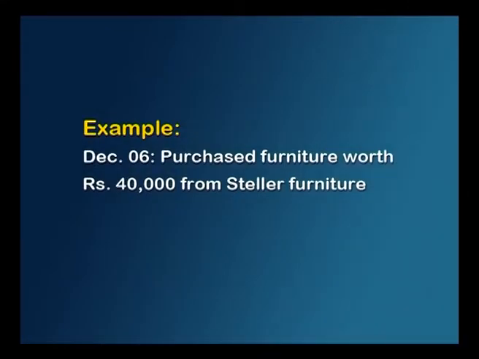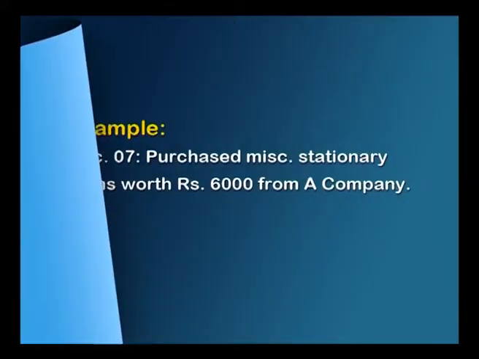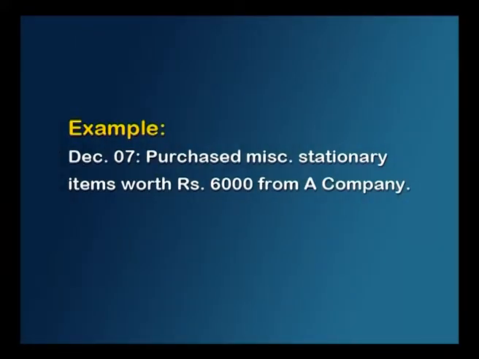Next, the fourth transaction is December 6. Again observe that it is not recorded. We will come to this also. Last transaction, December 7, it shows purchase of miscellaneous stationery items worth rupees 6,000 from A company. So, it is a credit transaction of stationery items only.